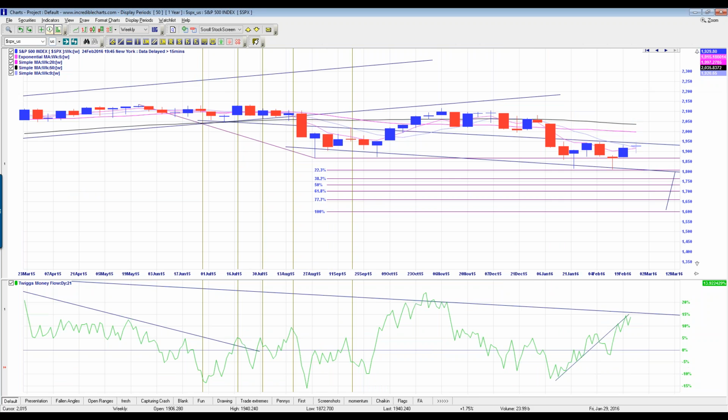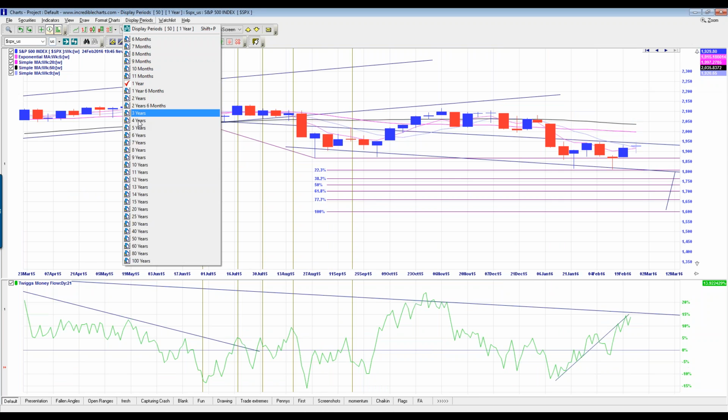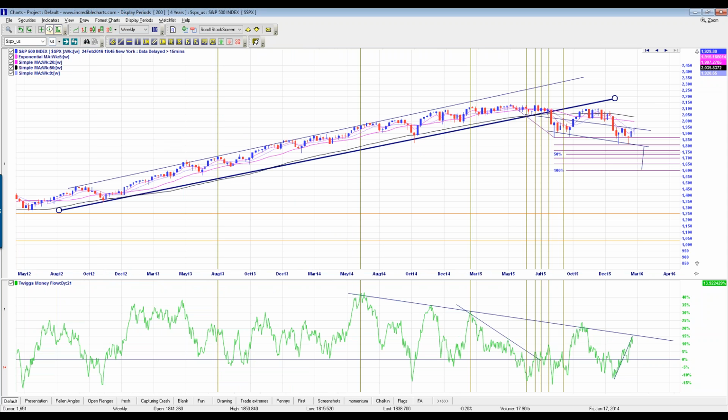Can everyone see how this is all kind of coming together? Yeah, there are outflows in spring, but the only time we've seen outflows of this level was 2008, according to Bank of America Merrill Lynch.